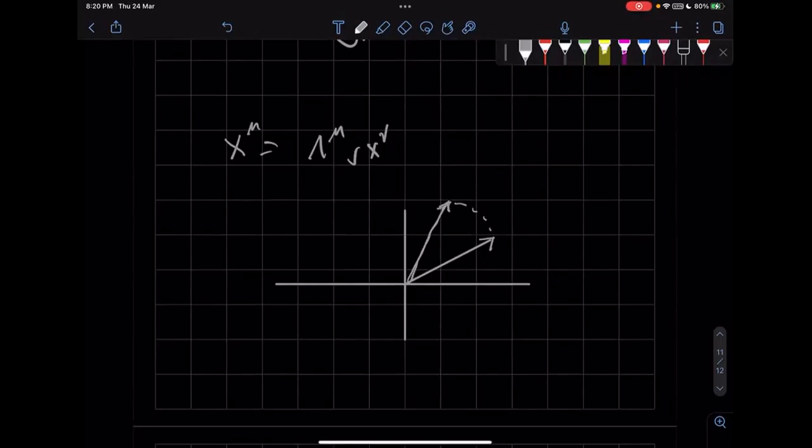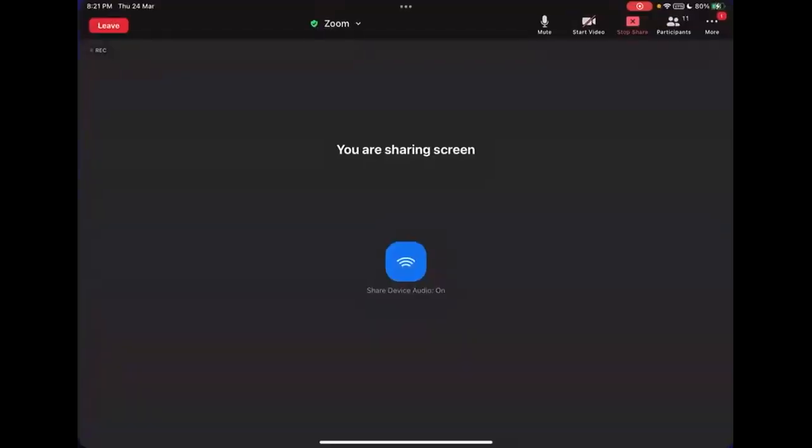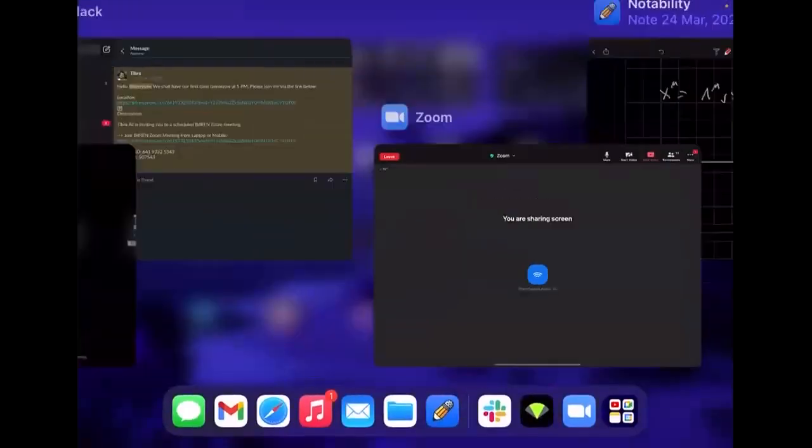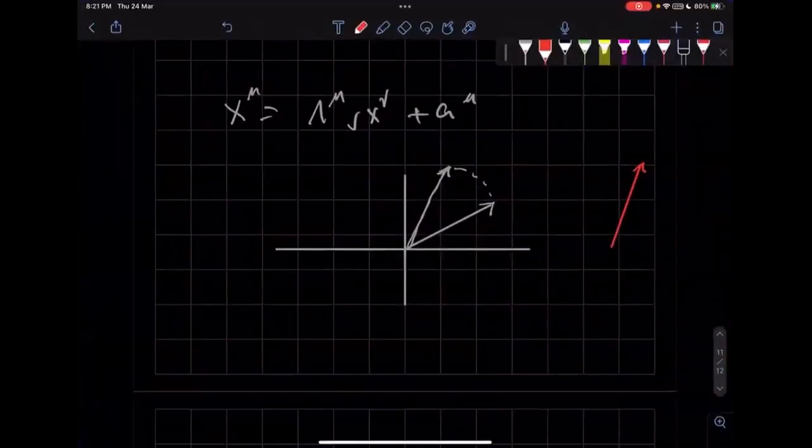They don't have any translation. But if you add a translation to it, then you basically move away from the origin and you go somewhere else, right? What do you mean, superposition? I mean, adding to this kind of linear transformation probably won't give another one, or is it something like that?